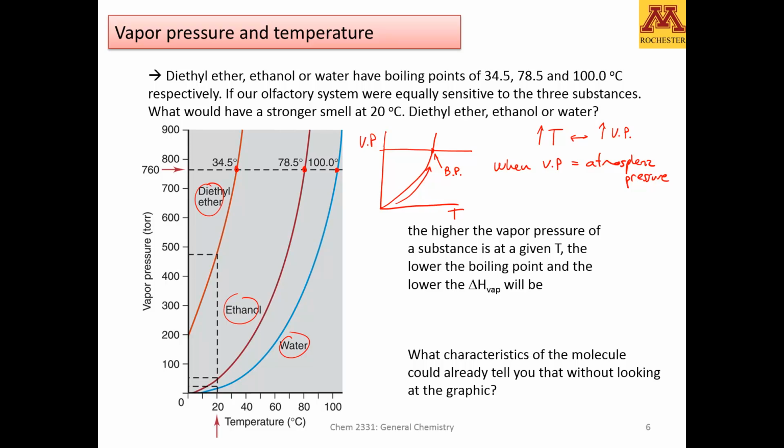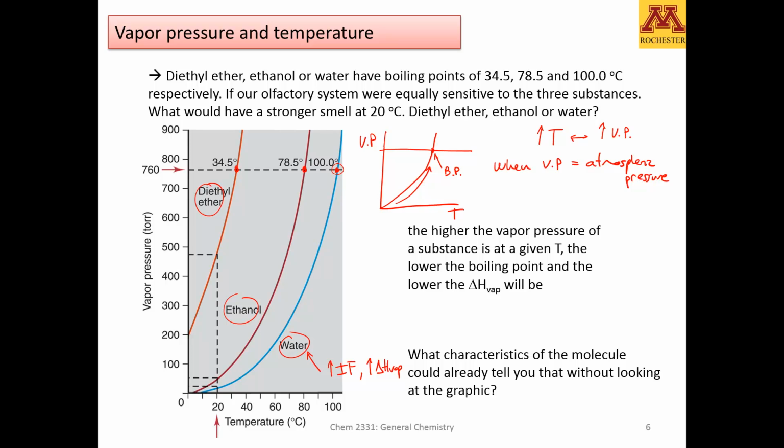It makes sense that the liquid with the stronger intermolecular forces, or if you will, the stronger enthalpy of vaporization, is the one that keeps a lower vapor pressure and therefore a higher boiling point. Water presents hydrogen bonds, diethyl ether presents weak dipole-dipole interactions.